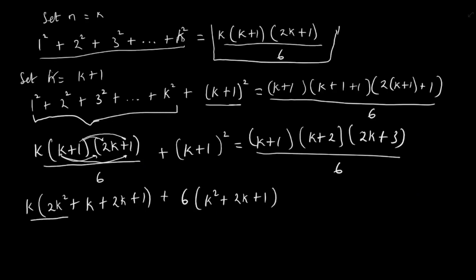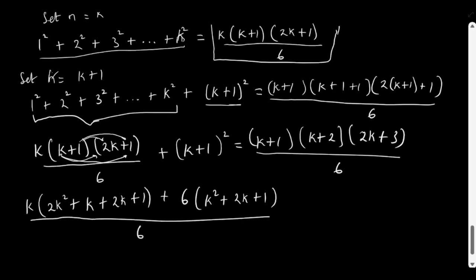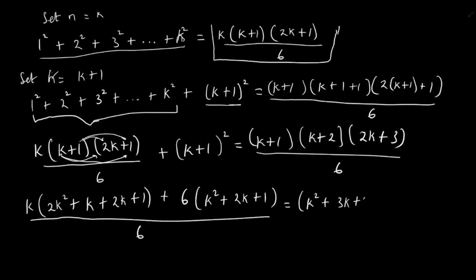Then everything over 6 equals to, if we expand k plus 1 and k plus 2, we are going to get k squared plus 3k plus 2. Then we are left with 2k plus 3 over 6.